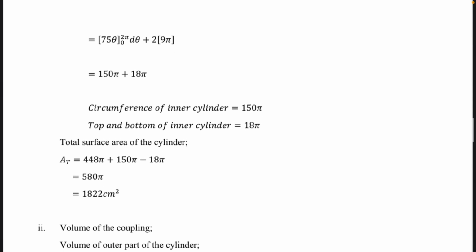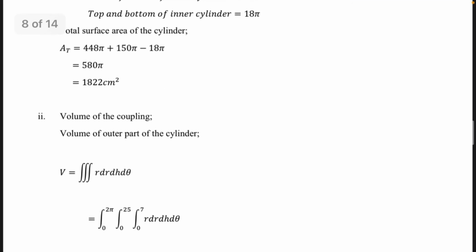With that, we add 448 pi plus 150 pi minus 18 pi. We will get 580 pi for the surface area of the cylinder, which also means 1822 centimeter squared.